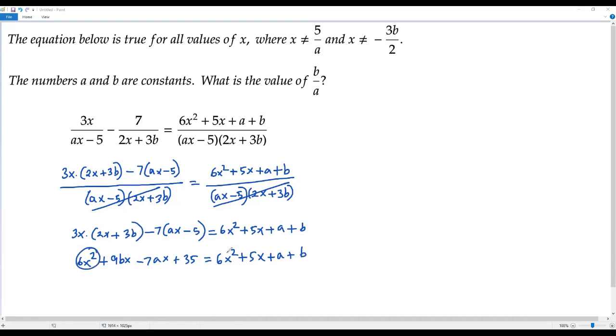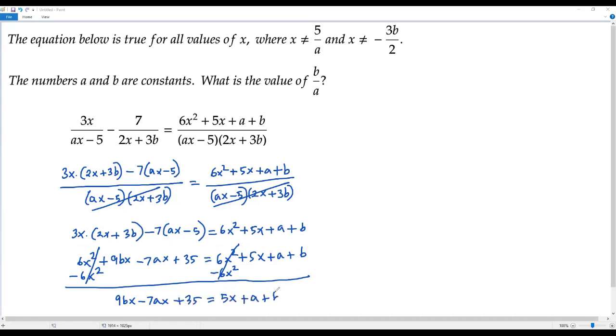We find 6x² on both sides of the equation. Let me subtract 6x² from both sides to get rid of the term 6x² on both sides. So here the positive 6x², negative 6x² will cancel out. The resulting equation is 9bx - 7ax + 35 equals 5x + a + b.